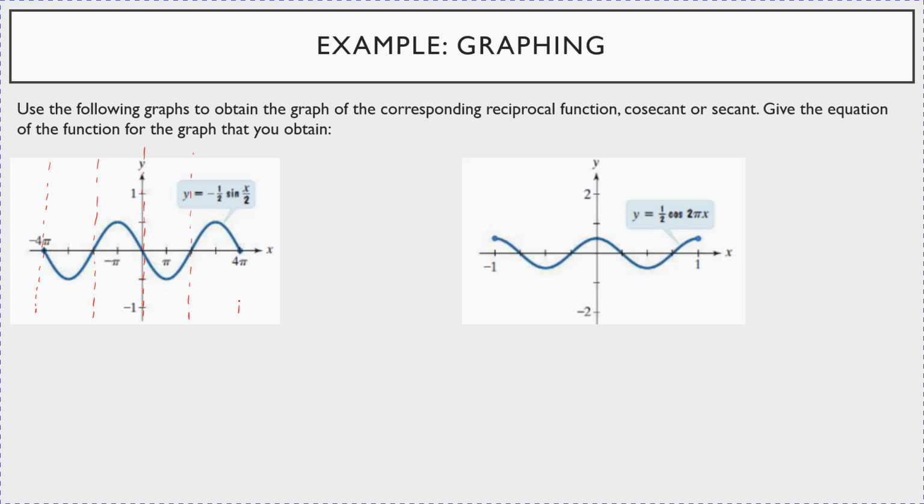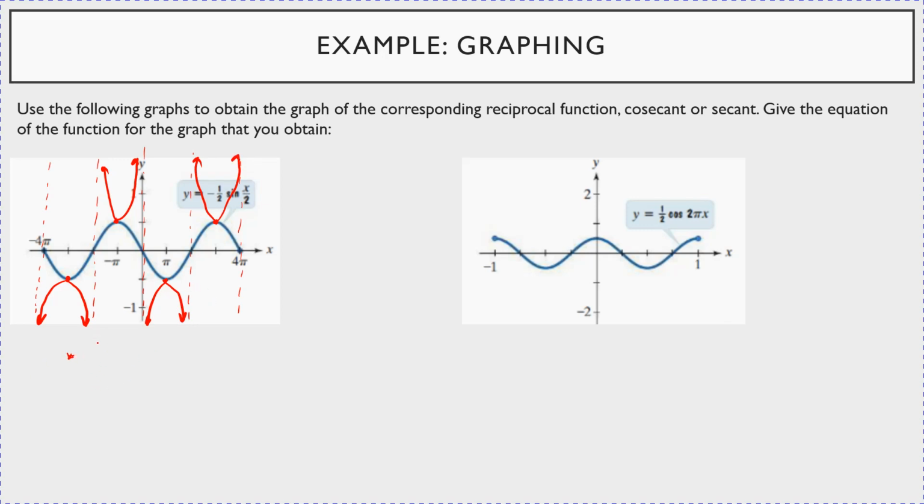And then follow this procedure I did. Low point here, so the graph is going to go like this. High point here, graph touches and then goes up against the vertical asymptotes. Low point, and then goes down against the vertical asymptotes. And then high point goes up the vertical asymptotes.